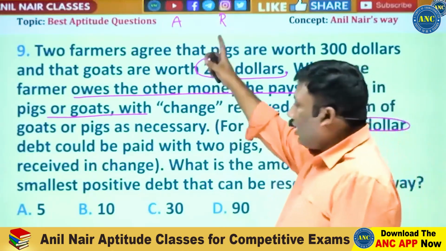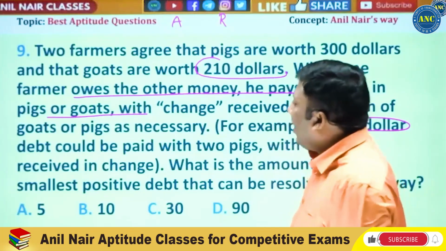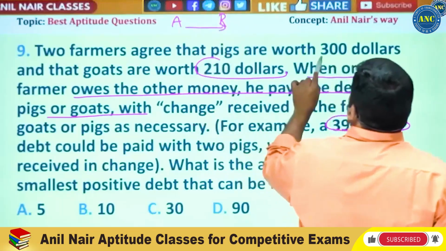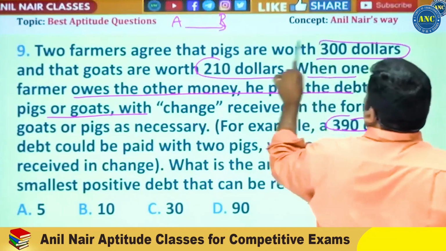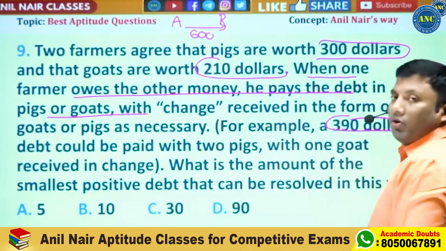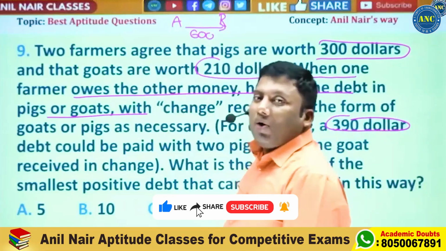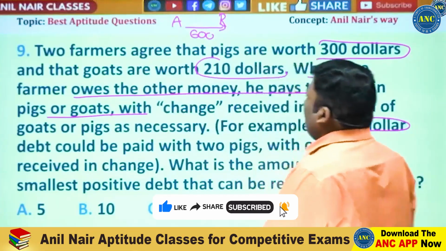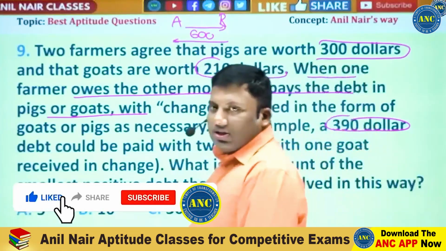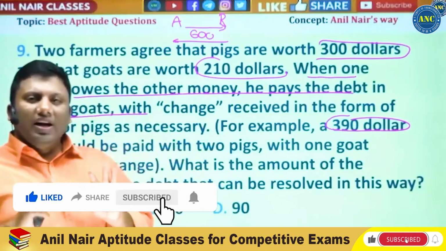He gives Reshma 2 pigs, which is 600. But he owes only 390, so Reshma has to give back 210, which she does with a goat. I hope the idea is very clear to you.